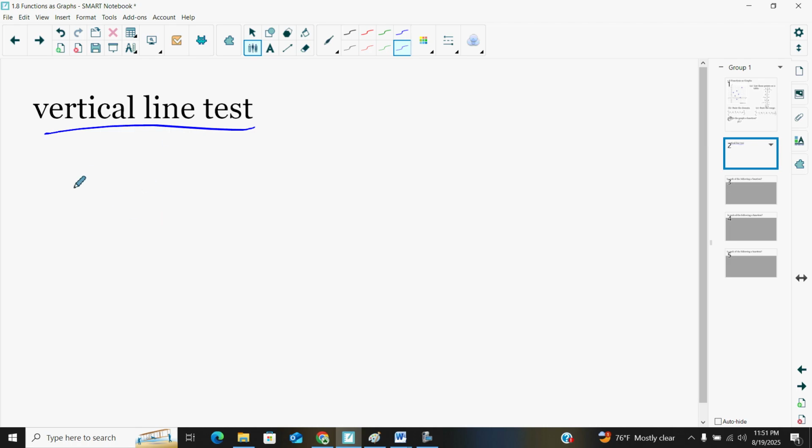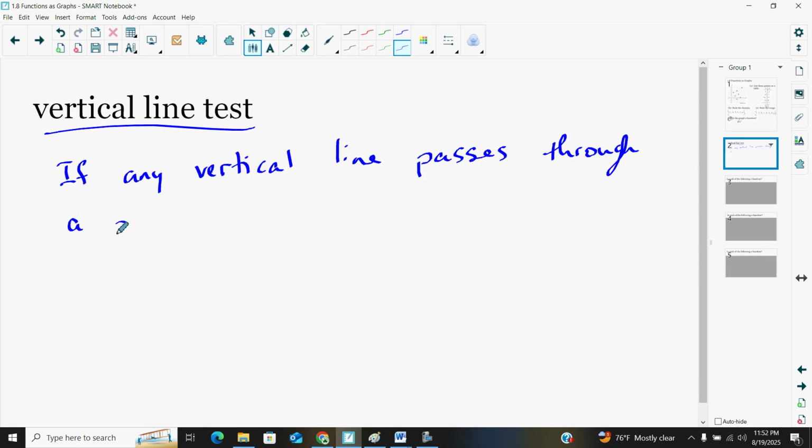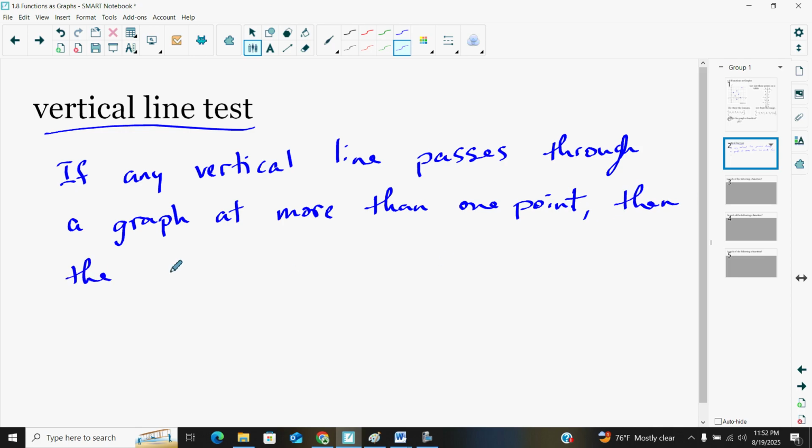The vertical line test states if any vertical line, a vertical line, remember, is one that goes straight up and down, passes through a graph at more than one point, then the graph is not a function.